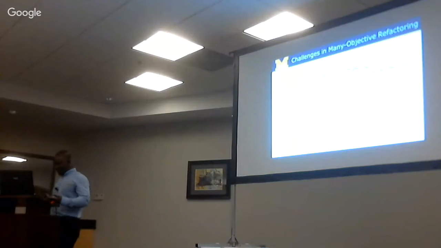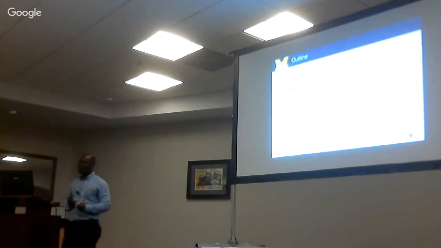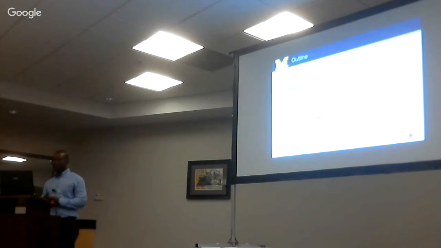So based on all these challenges, we would like to bring a dimensionality reduction approach that will reduce the number of objectives we represent, so that the decision maker can have a quick view of what the refactoring is building as components in the system.